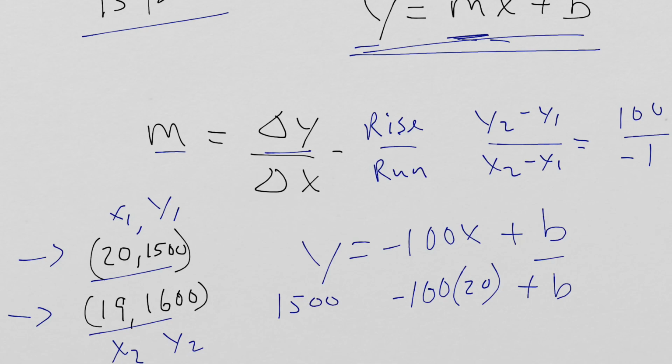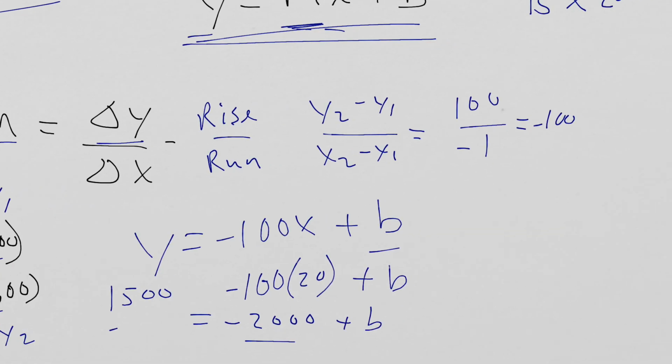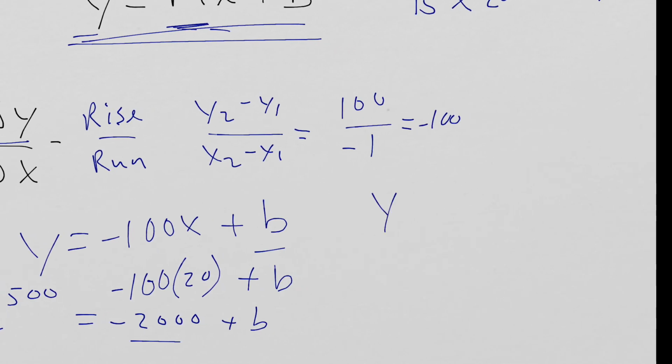Well, -100 times 20 is -2,000. So what number plus negative 2,000 gives me 1,500? That should give you a value for b of 3,500. So now I have my equation, y equals negative 100x plus 3,500. So this is what y equals.